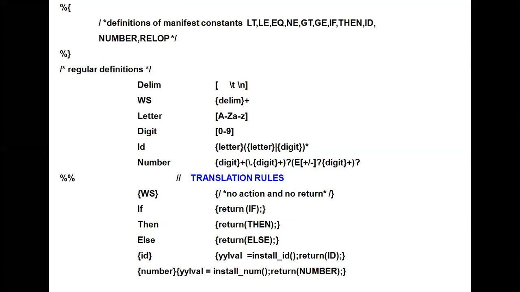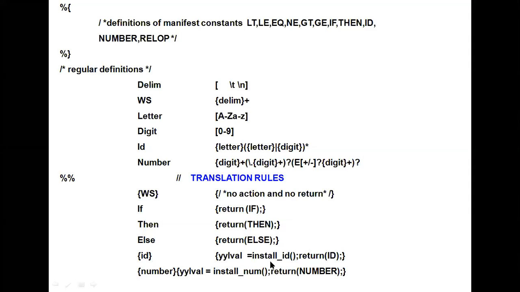If you read "if", the return value that we get is the associated action for that rule, given in the braces. "then" is a rule associated with the action return then. "else" is a rule associated with the action return else. ID is a rule associated with the action install ID, return ID, like this, right?